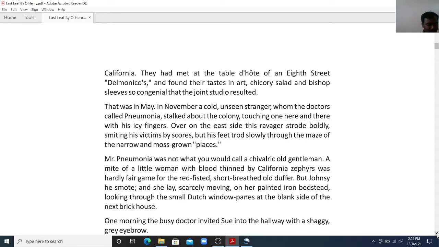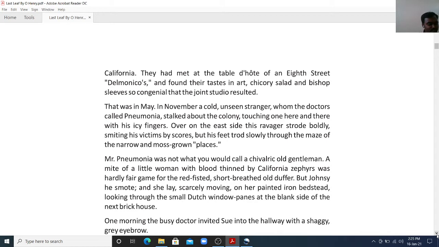Here we see a young child, a mite of a little woman, a young girl with blood thinned, meaning she is very weak and thin. Zephyrs means the breeze, the atmosphere or environment of California. That's how she has grown thin.